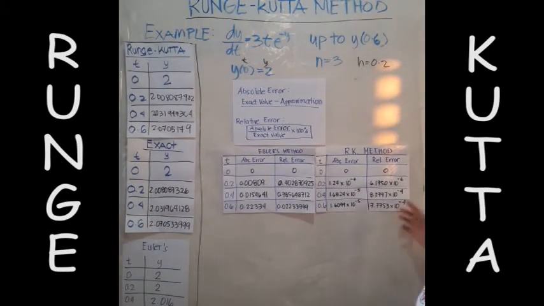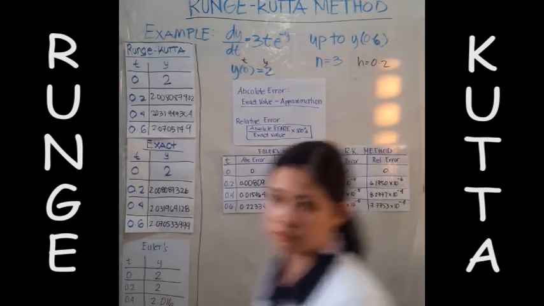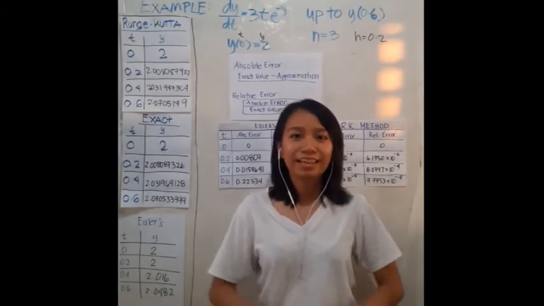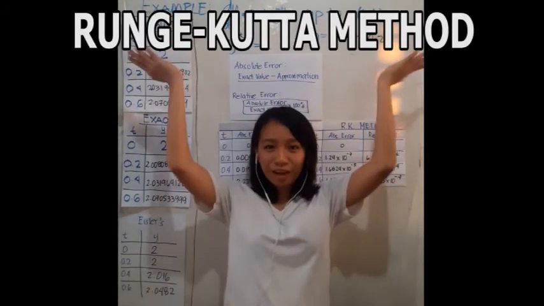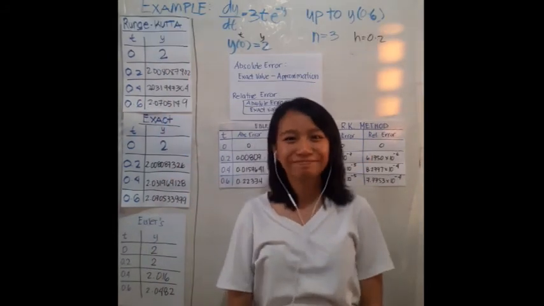So as you can see, in Runge-Kutta method, the error here is much lesser than the Euler's method. And that's all about Runge-Kutta method. Thank you.